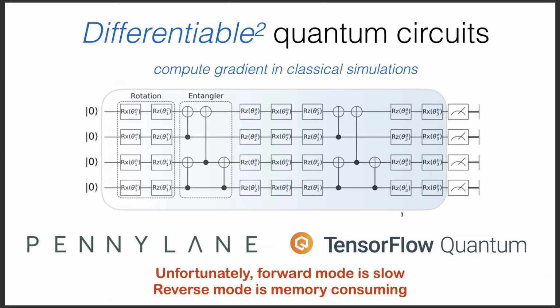This refers to computing gradient in a classical simulation of quantum circuit. Because very often, especially at the moment, we want to design or verify many of these variational quantum circuits with the help of a classical machine.